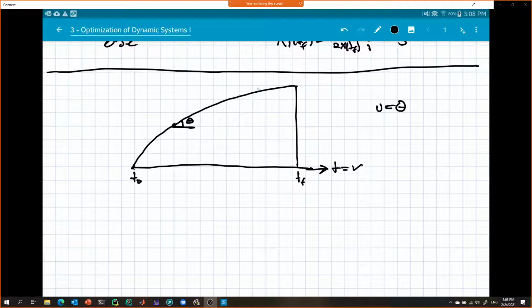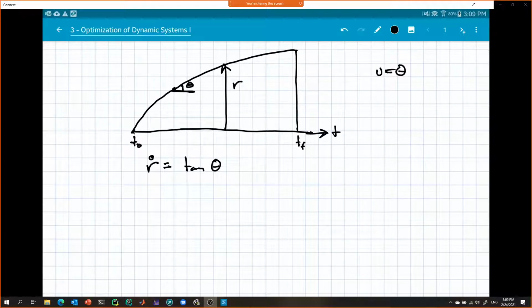Oh no, I'm sorry. This is still t, but we define an r. So this is r. And since we have this theta, the change in r for each given time is r dot equal to tangent of theta.